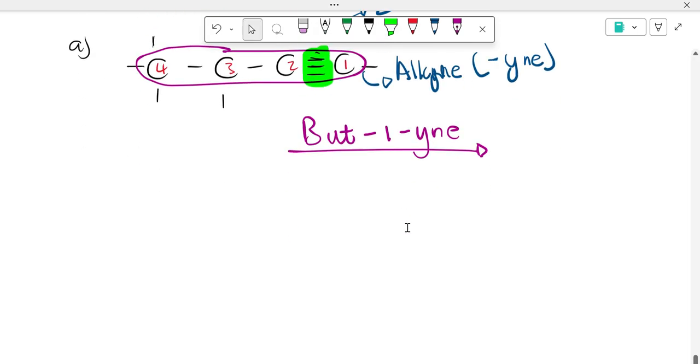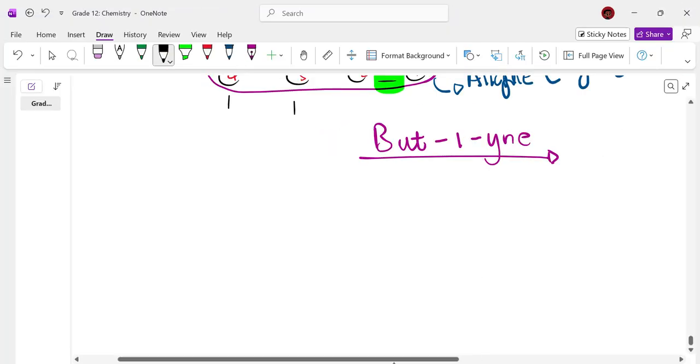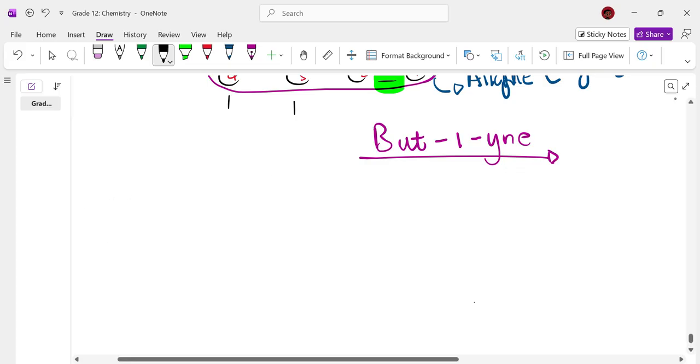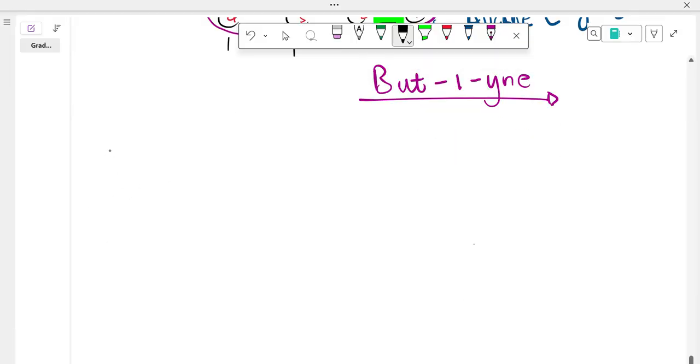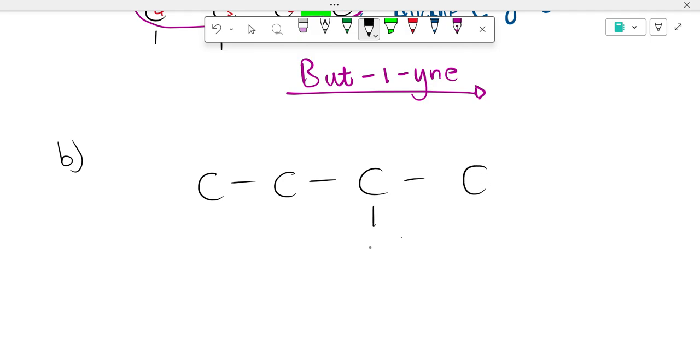Okay, different example, different compound. Let's look at a different compound.